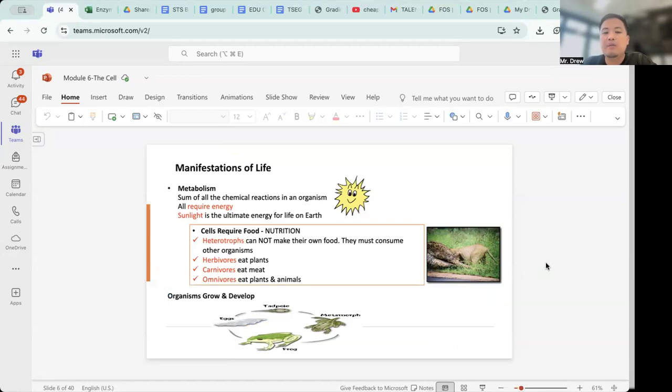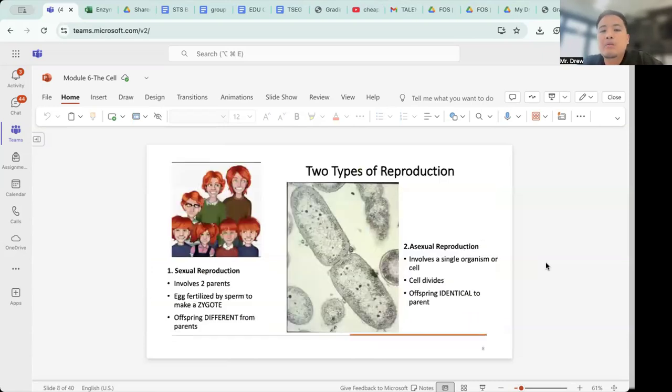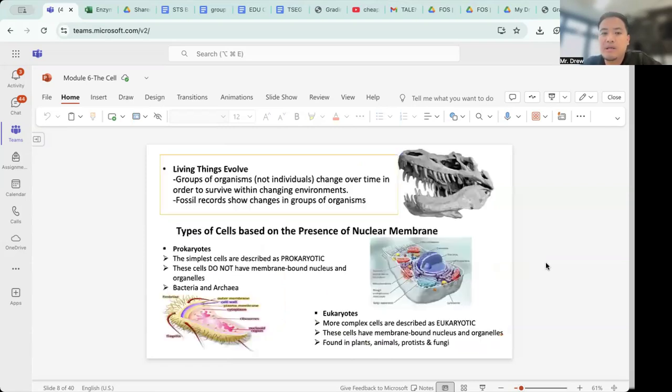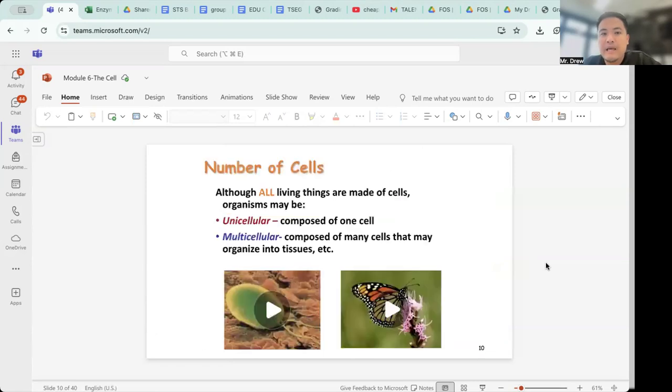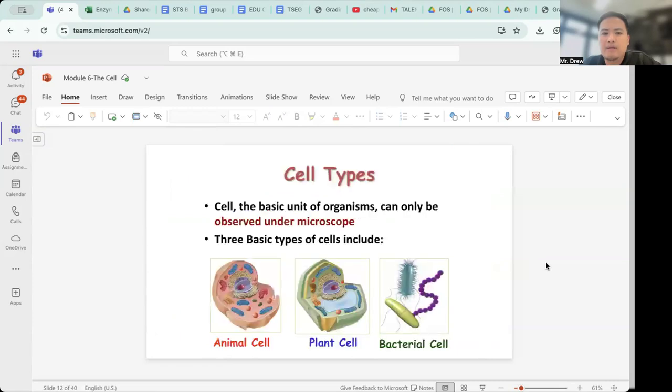We enumerated what the manifestations of life are, which are metabolism, organisms grow and develop, homeostasis, respond to stimuli, reproduction, and adaptation. And then we also discussed the two types of reproduction, sexual and asexual.